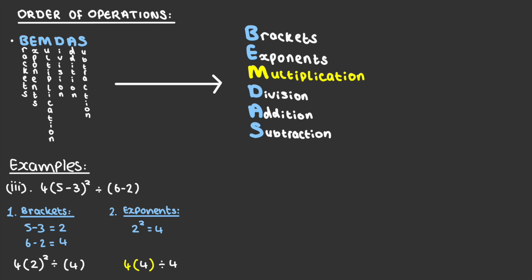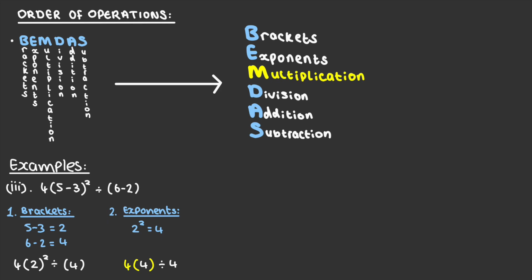Next on our list is multiplication. Instead of using a multiplication sign, here the number 4 beside the bracket indicates that we are multiplying 4 by 4. Any number placed beside a bracket means that the number is being multiplied by everything inside that bracket. So in this example we have 4 multiplied by 4 because 4 is inside the bracket.